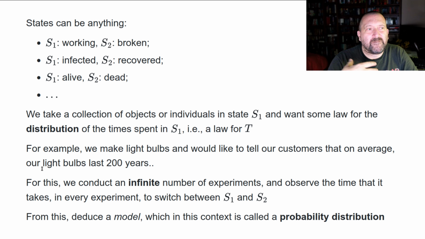From a mathematical point of view, I can assume that I'm able to conduct an infinite number of such experiments, and in each of these I observe the time it takes for the system to move from one state to another. That allows me to deduce a model, which is a probability distribution.